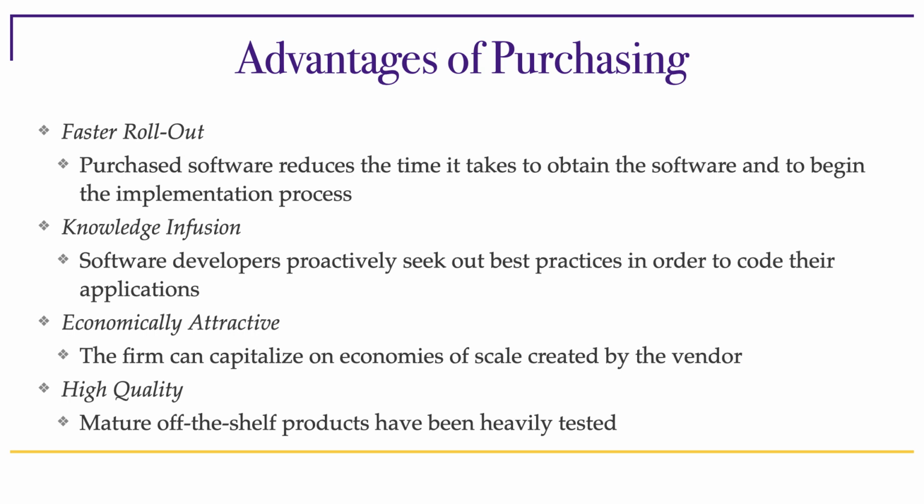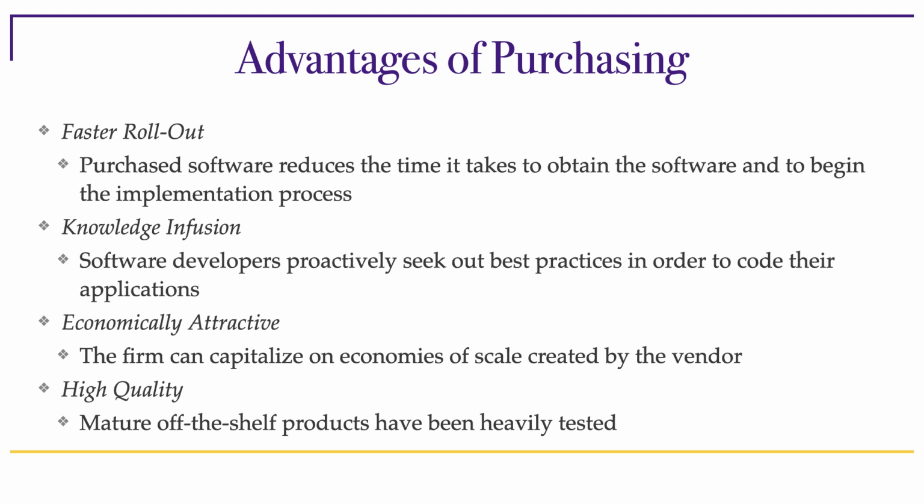The vendors spend time researching and then building those optimized processes into their code. So if you're purchasing off-the-shelf software as an organization, you're not just buying code, but you're also buying a way of performing that process. You're buying a best practice, if you will, or in theory, you're buying a best practice. And so you have some knowledge infusion when you purchase that software.